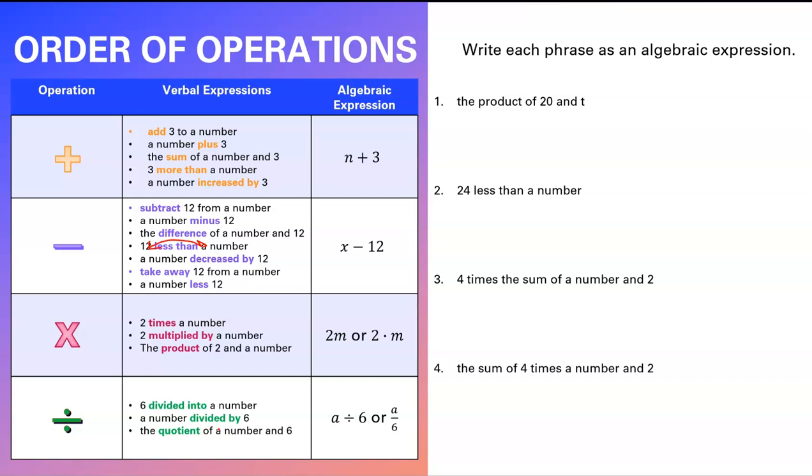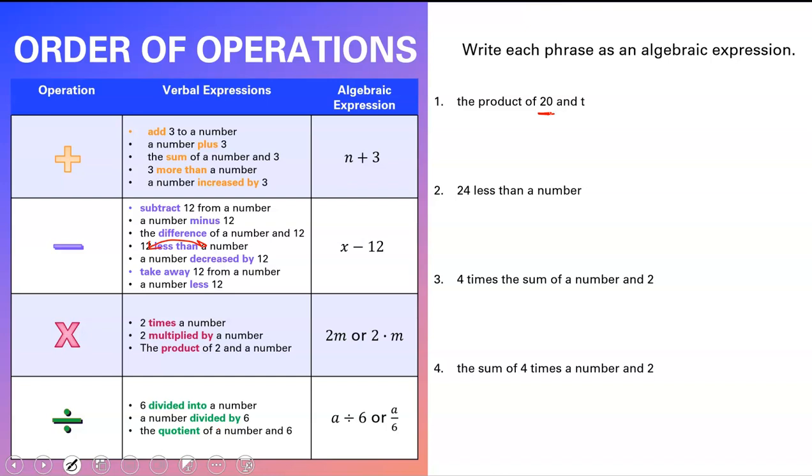The product of 20 and t. Now, I highly recommend when you are translating verbal or written words into mathematical statements, first identify the easy stuff. Identify our numbers. Where are the numbers at? The number that we see is 20. Then let's try and figure out if there's a value we're not sure of.